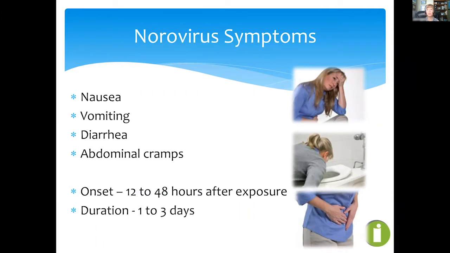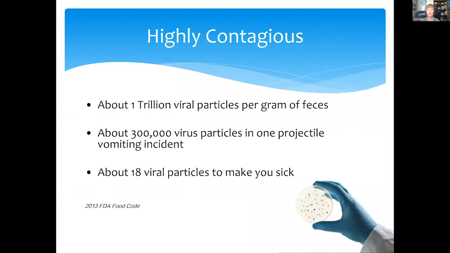But some of our immune compromised individuals, the very young and the very old, because they can't keep fluids down because of these symptoms, can get dehydrated and can have some cardiac symptoms because of that dehydration. So symptoms, again, are just typical stomach flu. It's highly contagious. If you look at the number on here, 1 trillion viral particles. I talked about this yesterday, 1 trillion.